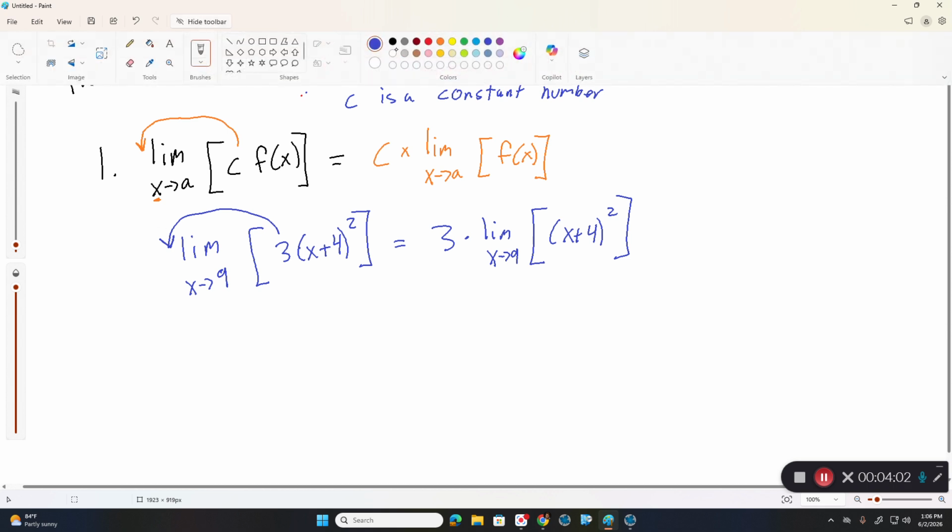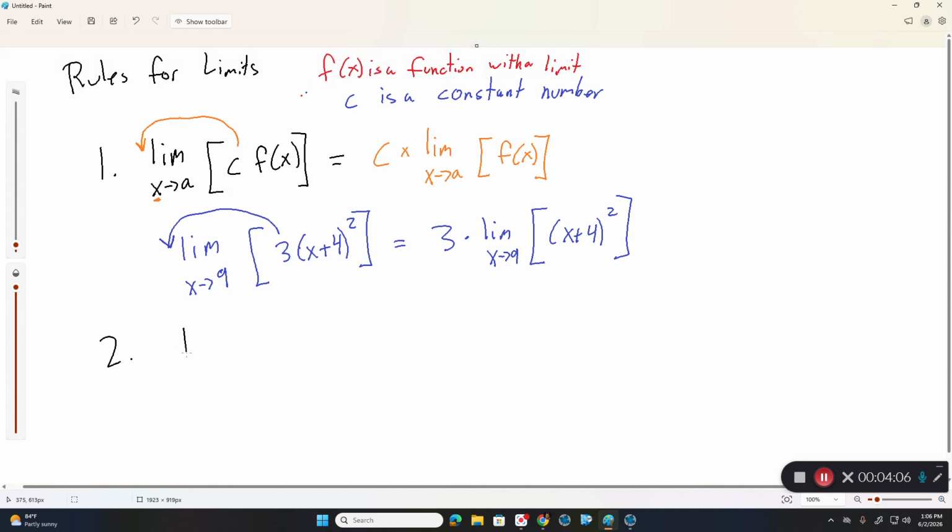Another thing that we can do with limits is the limit as x approaches a of some division. Let's say x times f of x divided by x times g of x. So we have these common x terms out front.